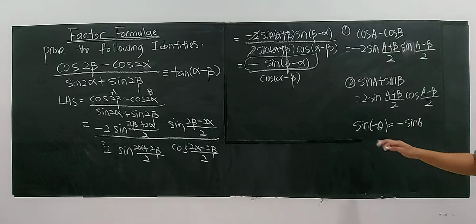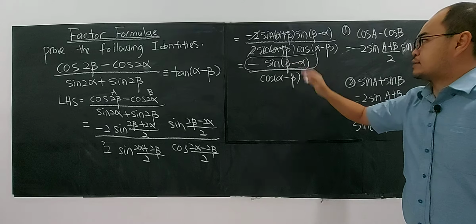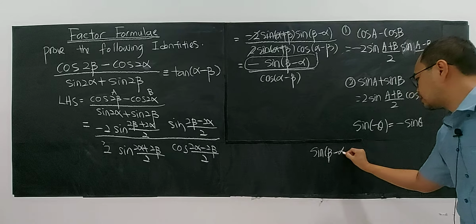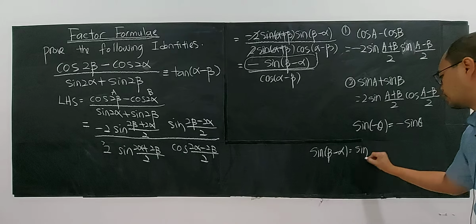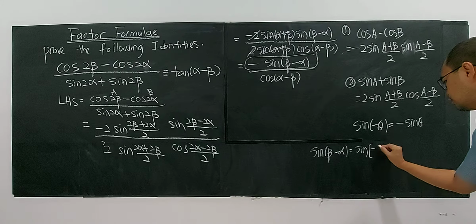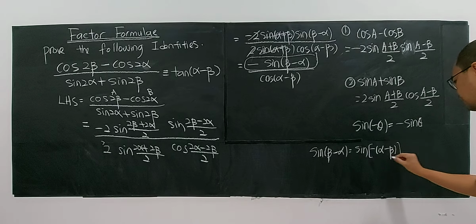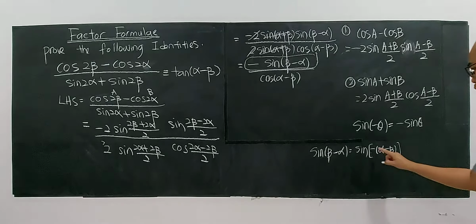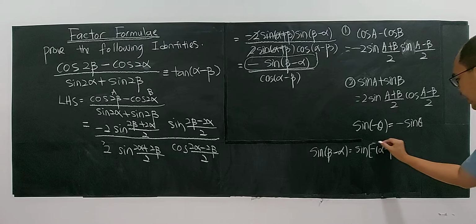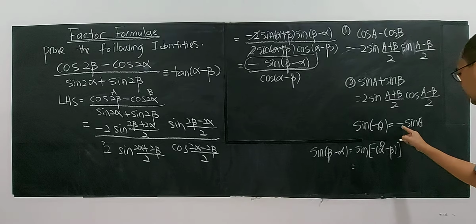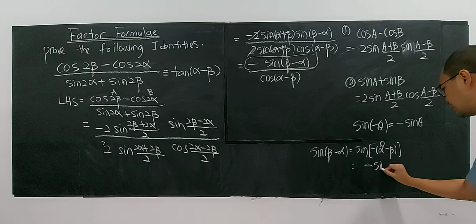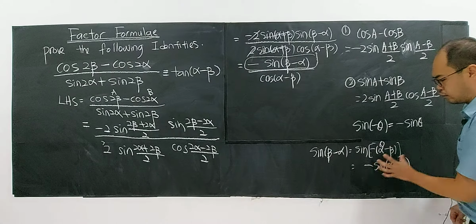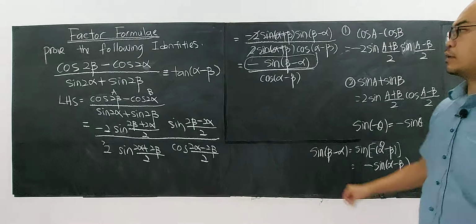So let's see. You have beta minus alpha. You know that sin beta minus alpha is the same as sin of the factored-out negative, alpha minus beta. We see negative alpha, positive beta, so it's like negative theta. You can take out the negative and become sin alpha minus beta.